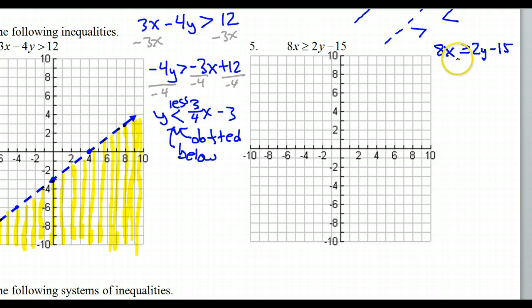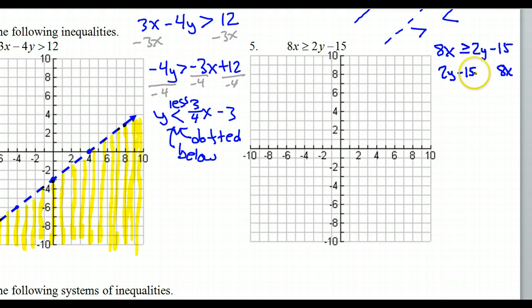So if I were you, the first thing I would do is reverse this entire inequality. Just write it backwards. So I'm going to put my 2y minus 15 over here on the left, and I'm going to put my 8x on the right. Put your y on the left side for these.